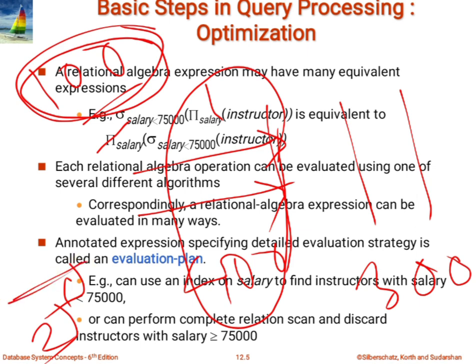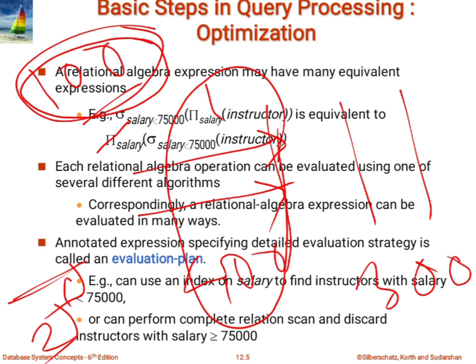What I mean to say, why I am telling you this, is because this is nothing but query optimization. Whatever query we are writing, it should give me the result of that query faster, so that the time will be less.